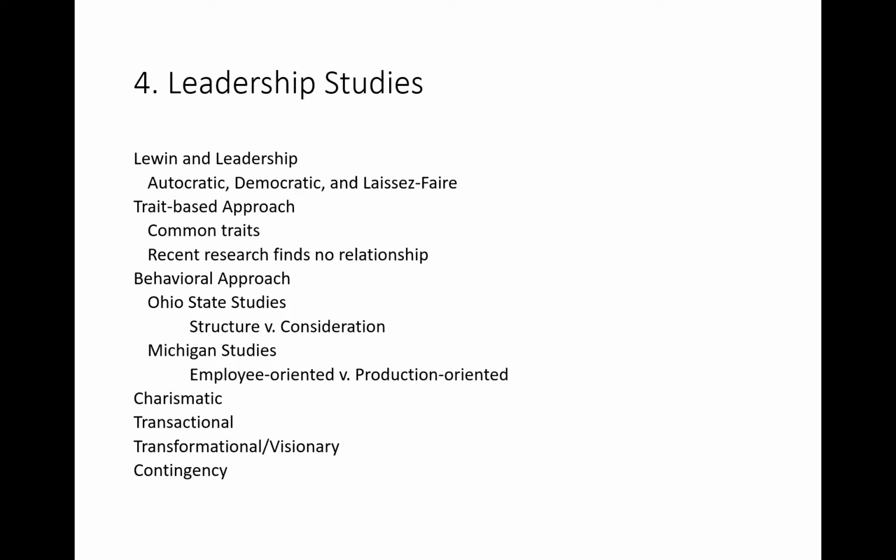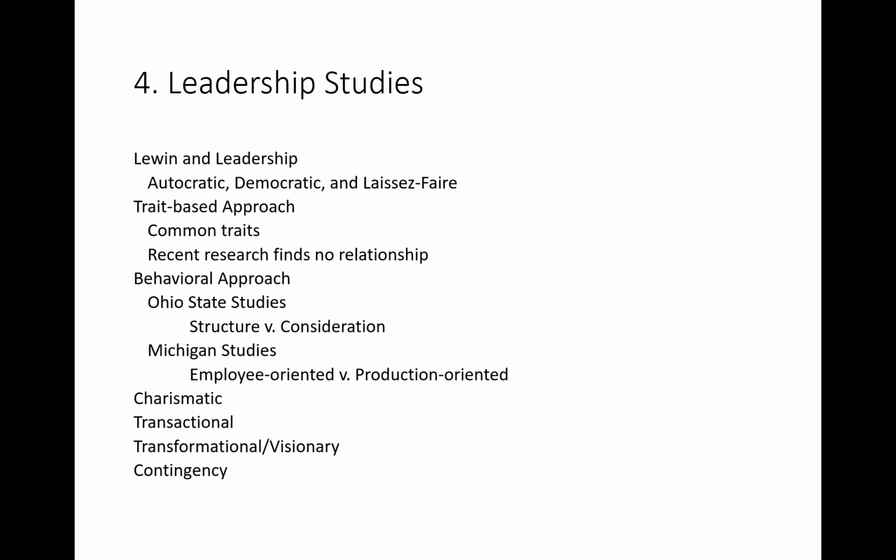More recent leadership literature has found that there's no real statistically significant relationship between certain types of common traits and success at being a leader. In other words, leadership is not something you're necessarily born with. It is something that you can learn, a set of skills and approaches that you can learn in order to enhance your leadership abilities.